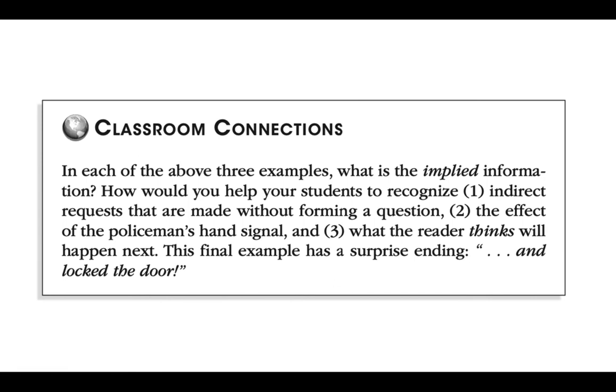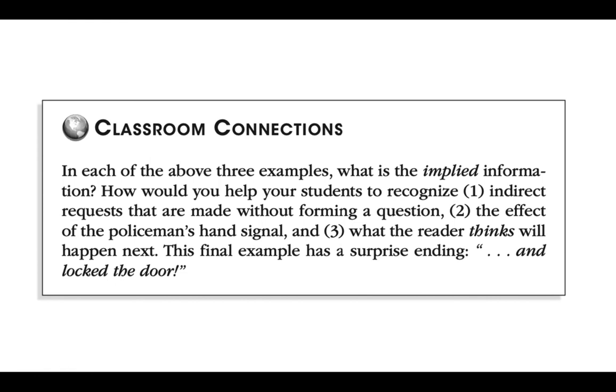All right. So in the cases of Bill and then the policeman, the effect of a policeman's hand signal, for example, and then what the reader thinks will happen next. For example, in the third example of Mary, what will happen next? You could ask your learners.